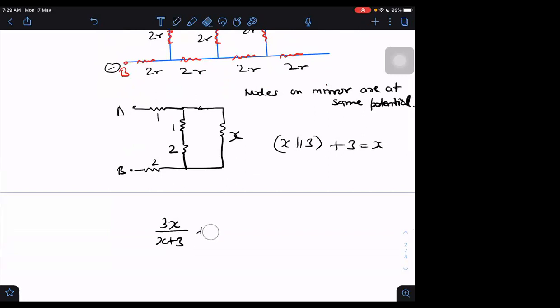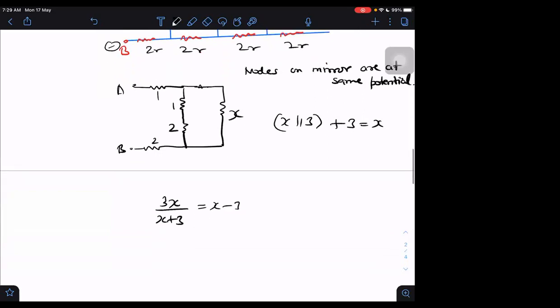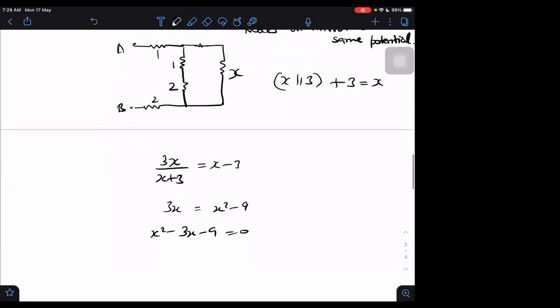Minus 3, we can write. So x square minus 3x minus 9 is equal to 0. So x equals 3 plus or minus root 45 by 2.